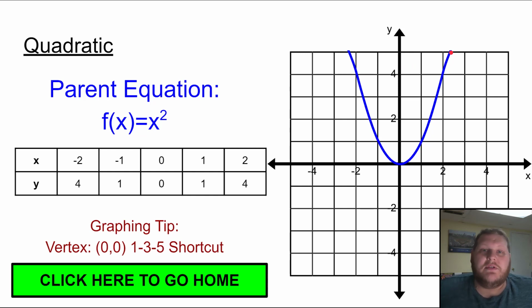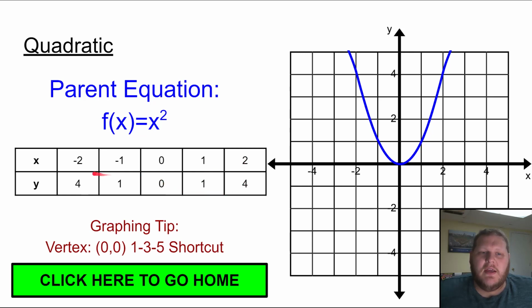And you can use the points that we'll evaluate in order to graph those things, and that's what I would actually suggest. So since my parent graph is x squared, that's what a quadratic is, my variable is squared, all I have to do here is just square those x values to get my y values. So negative 2 squared is 4, negative 1 squared is positive 1, 0 is 0, 1 is 1, and then 2 squared is 4.